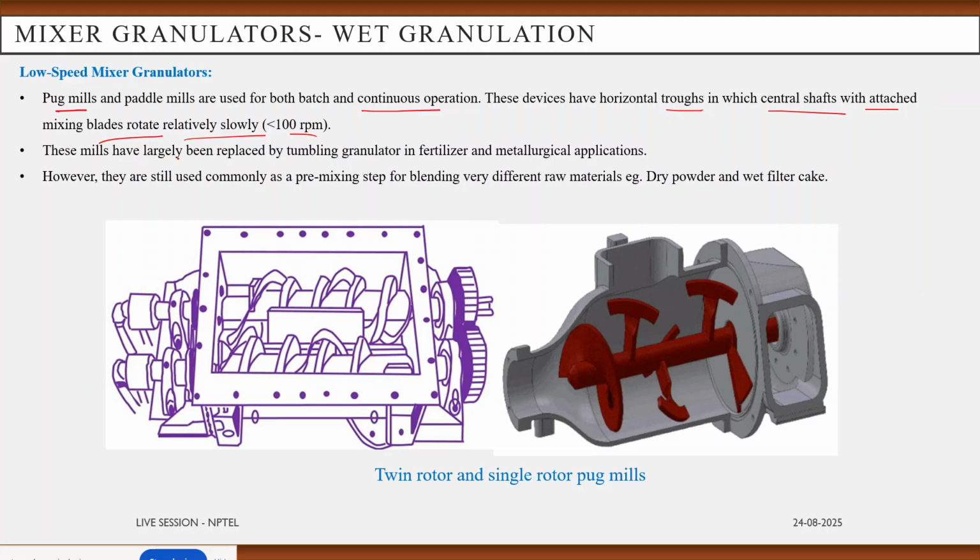These mills have largely been replaced by the tumbling granulator in fertilizer or metallurgical applications. However, they are still commonly used in the pre-mixing step for blending very different raw materials like dry powder and wet filter cake. So here is the twin rotor system, and this one is the single rotor pug mill. These are the slow speed mixer granulators.